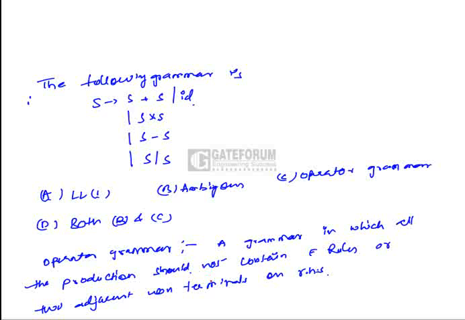So if the RHS part of every production doesn't contain epsilon rules and two adjacent non-terminals, then that grammar is said to be operator grammar.